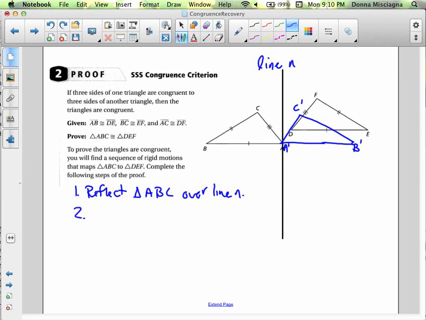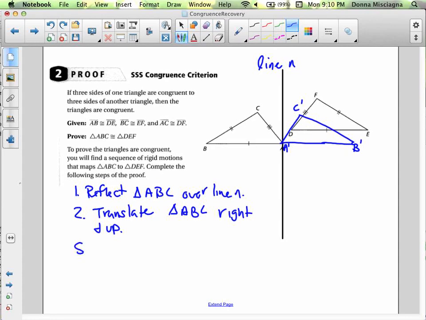We need to translate. It's kind of hard to figure out how many units, but we could talk about direction. So we're going to translate triangle ABC. It's going to go right and up.